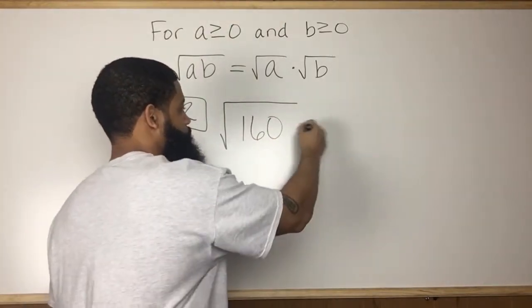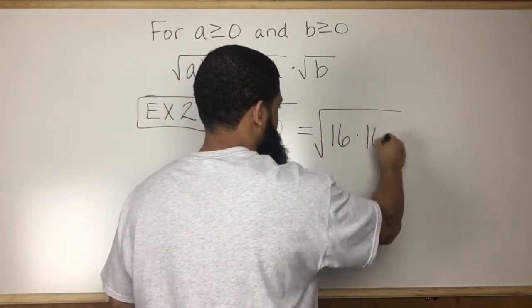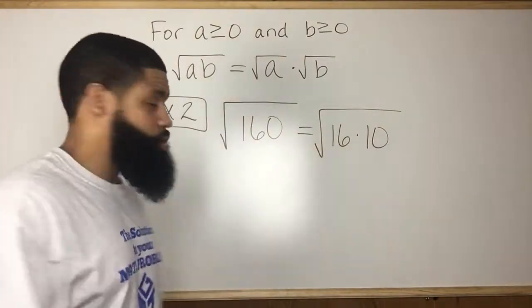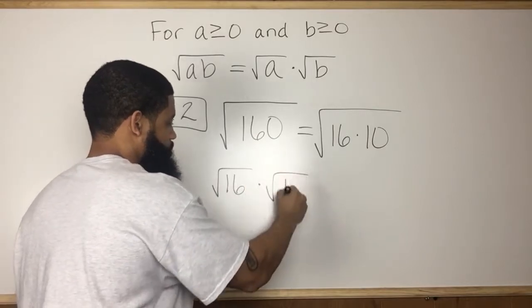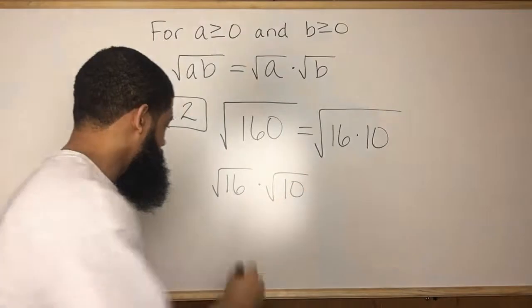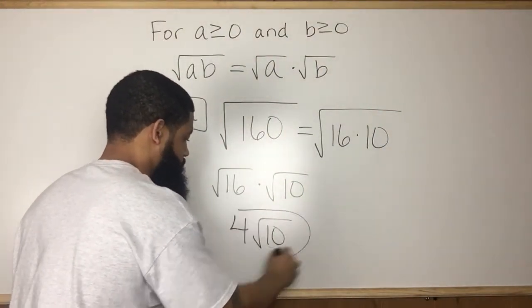All right, square root of 160 is the same thing as 16 times 10. All right. 16 is a perfect square number, so I have the square root of 16 times the square root of 10. We know that the square root of 16 is 4, so we're going to take that and say 4, and then the square root of 10.